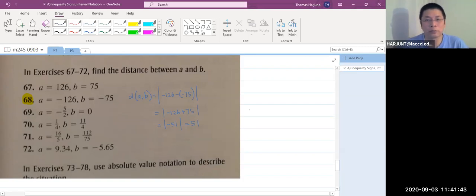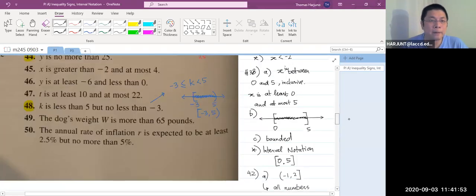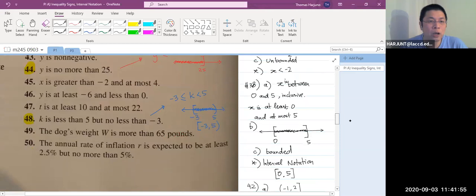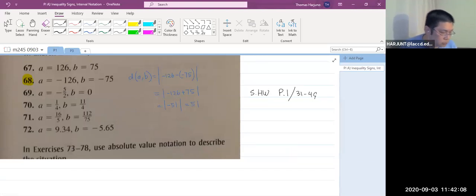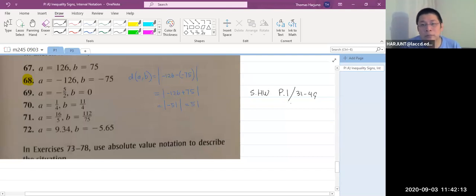Suggested homework from P1 will be number 31 to number 49, and then number 53 to 71.